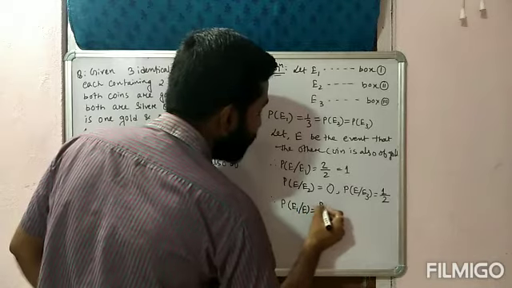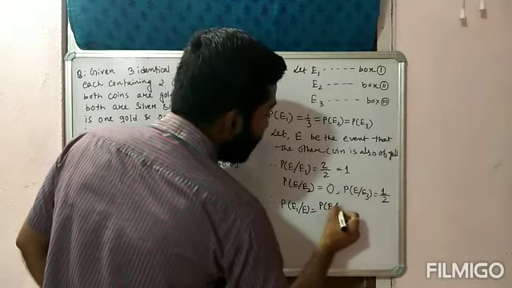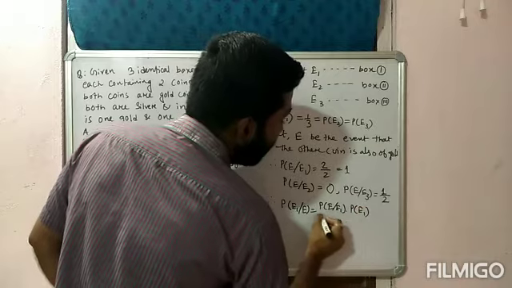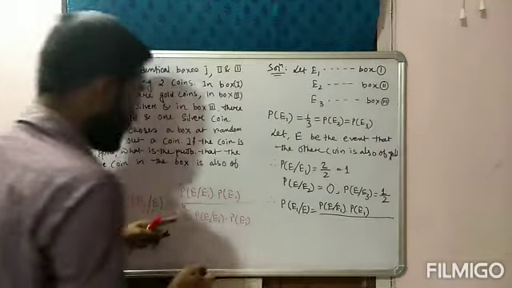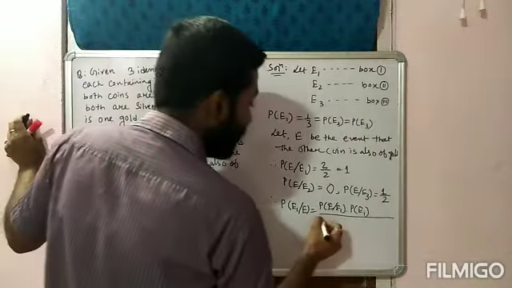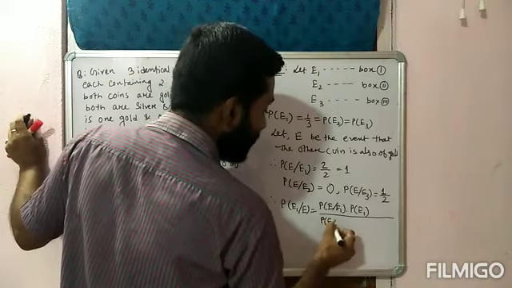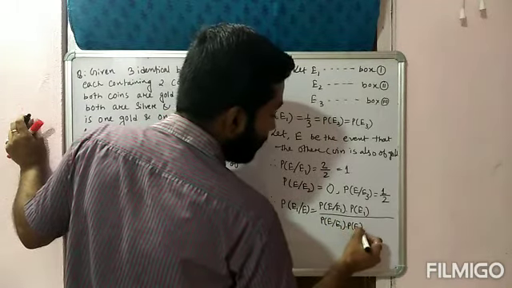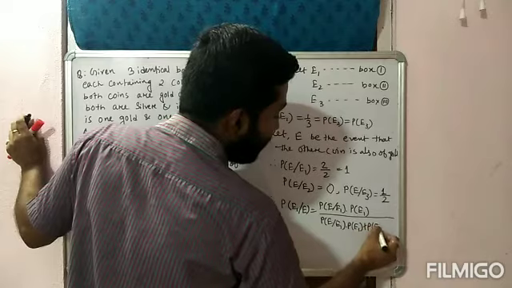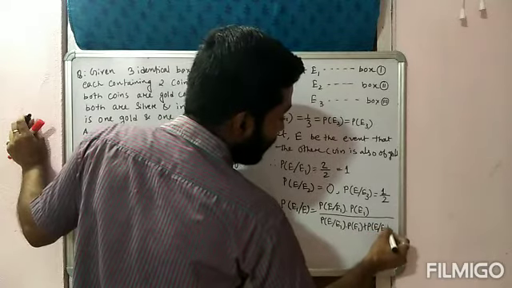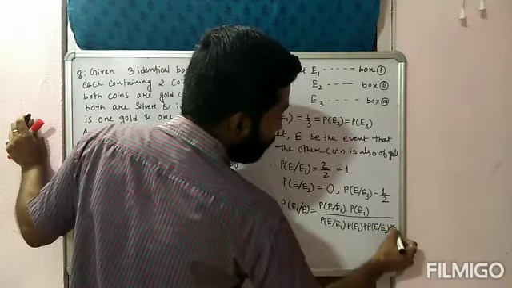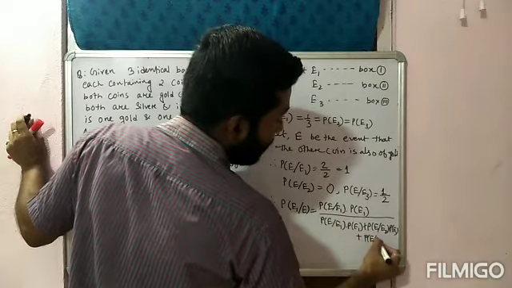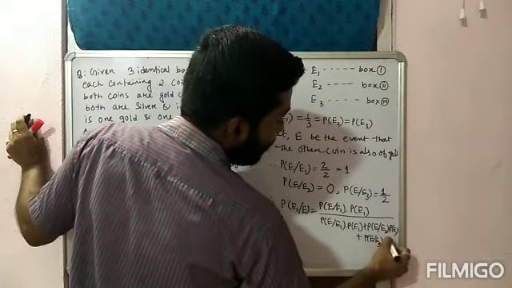This is equal to probability of E slash E1 into probability of E1 divided by summation. Remove this summation sign. Probability of E slash E1 into P of E1 plus probability of E slash E2 into P of E2 plus probability of E slash E3 into P of E3.